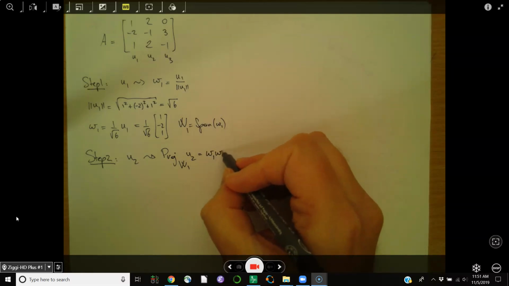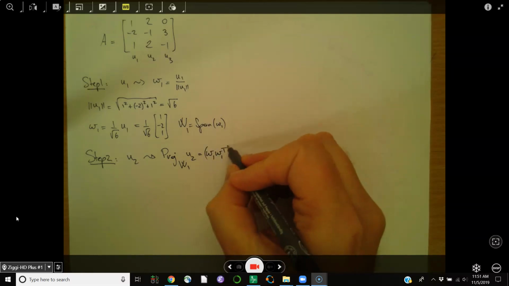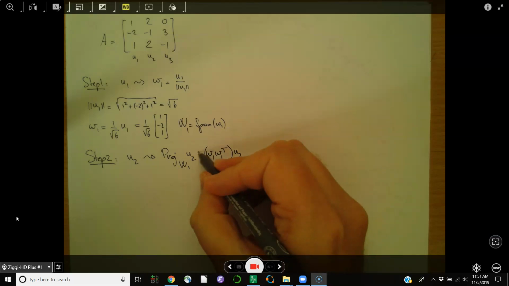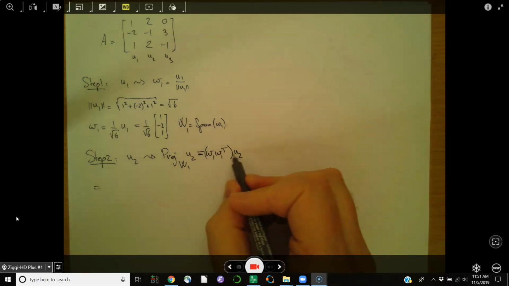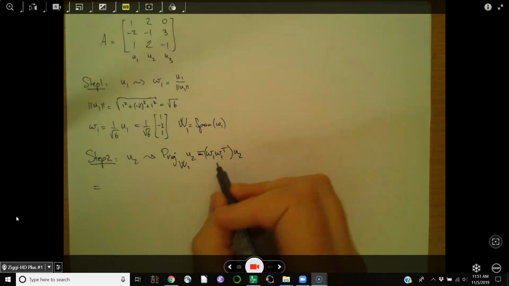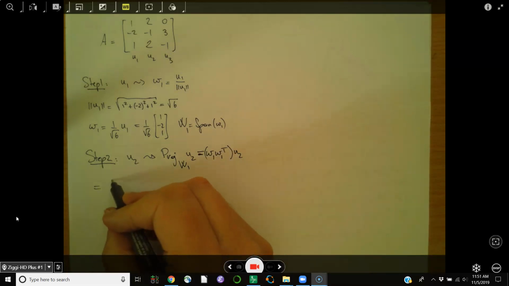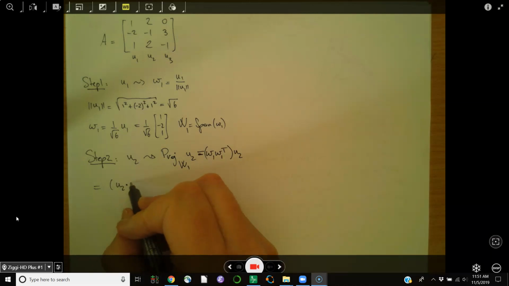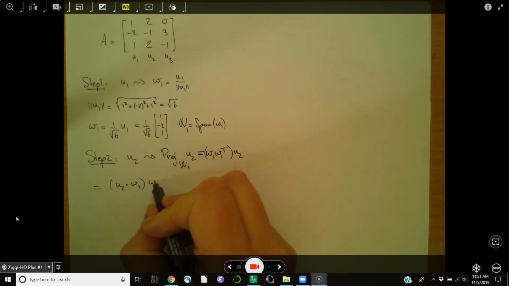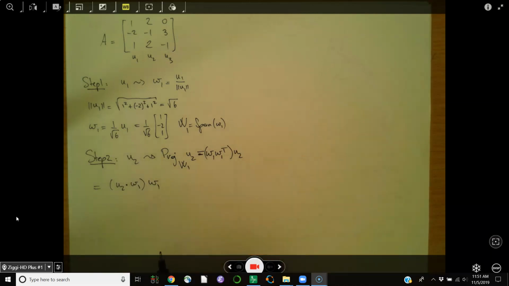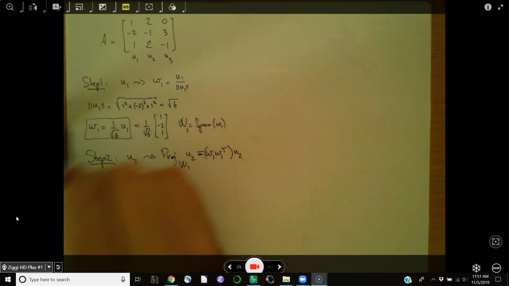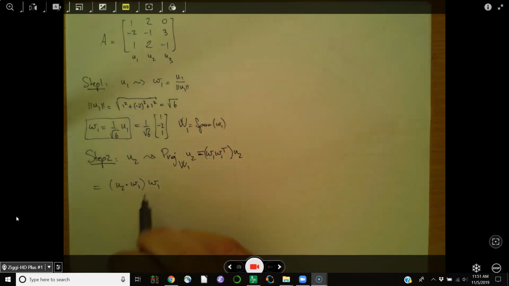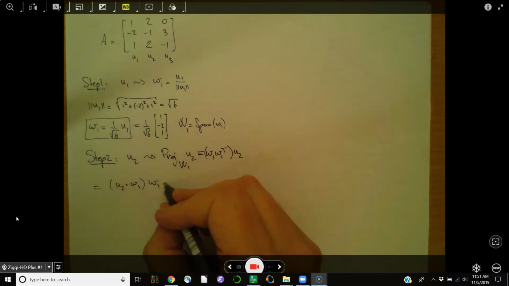It's just an outer product times u2. Or, if you change the parentheses here, you have to take u2 dot w1, times w1. And let me use this form for w1, because in this case it will simplify a little bit.